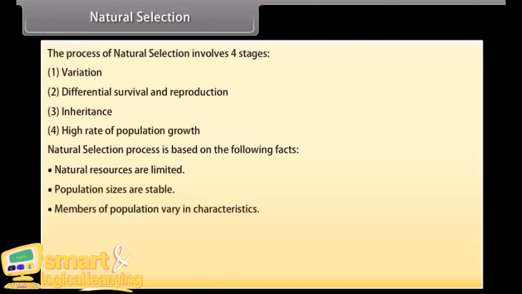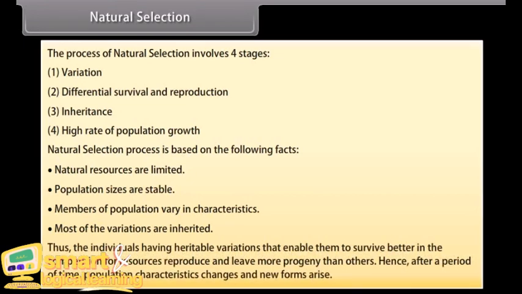Members of a population vary in characteristics. Most of the variations are inherited. Thus, the individuals having heritable variations that enable them to survive better in the competition for resources reproduce and leave more progeny than others. Hence, after a period of time, population characteristics change and new forms arise.